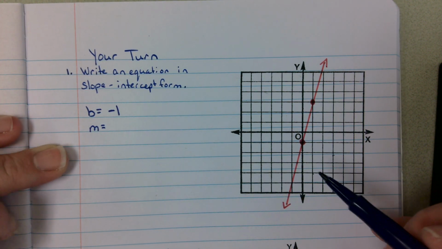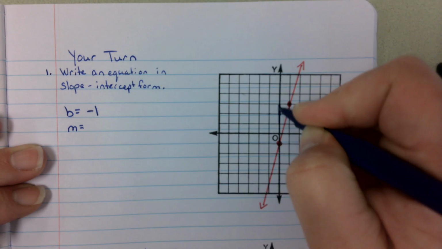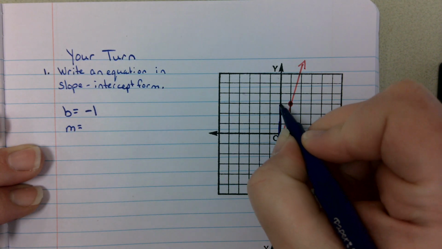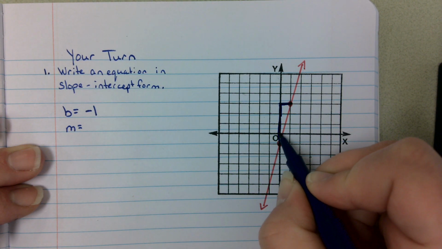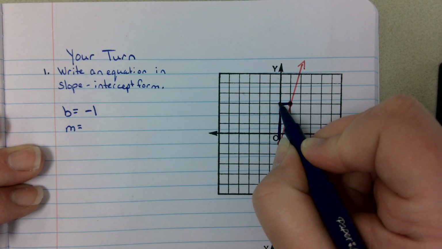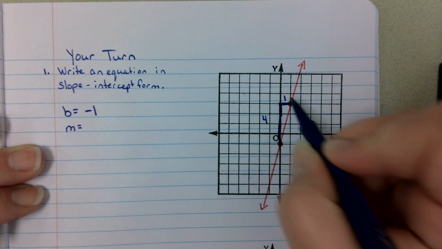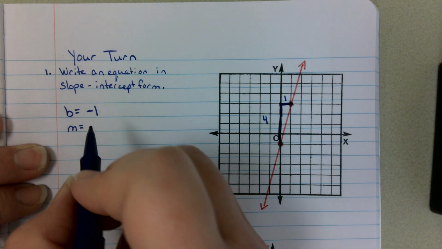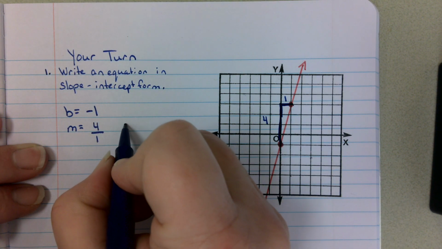Then I need to use rise over run to identify my slope. And I'm going to draw my triangle here. And we're going to rise 1, 2, 3, 4. And we're going to run 1. All right, so you may have written this as 4 over 1, but that simplifies to 4.